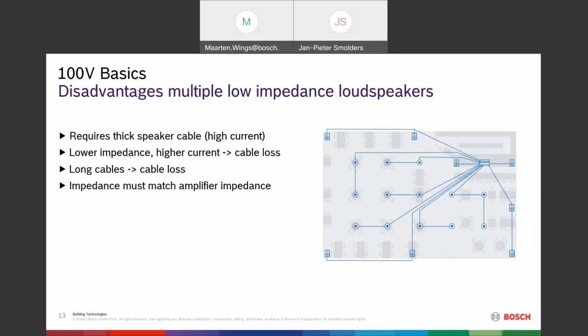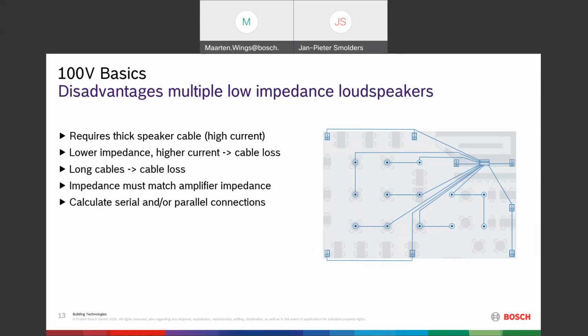Like I said, you must make sure that the impedance of your loudspeakers will match the impedance the amplifier is made for. You have to calculate all this. You have to make a calculation of all the loudspeakers that you have connected, either in series or in parallel.